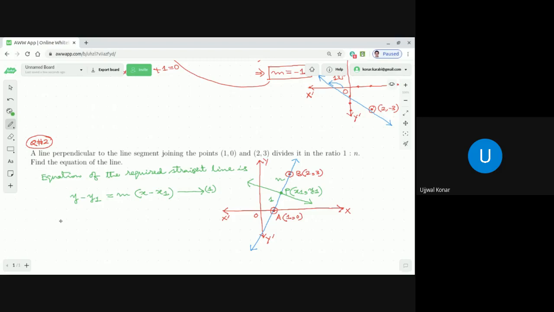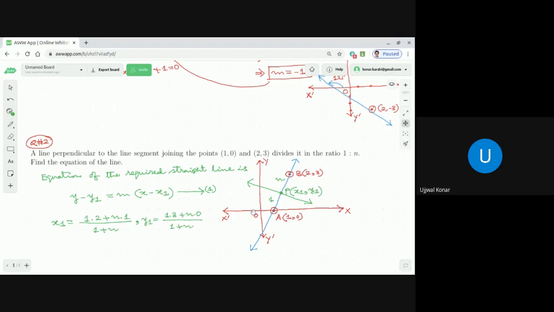Using the internal section formula, x1 is equal to (1 into 2 plus n into 1) divided by (1 plus n), and y1 is equal to (1 into 3 plus n into 0) divided by (1 plus n).